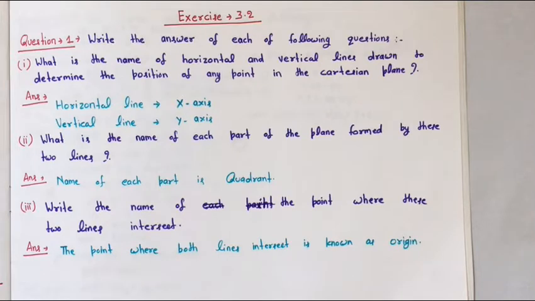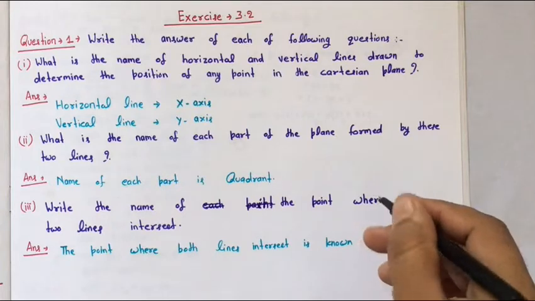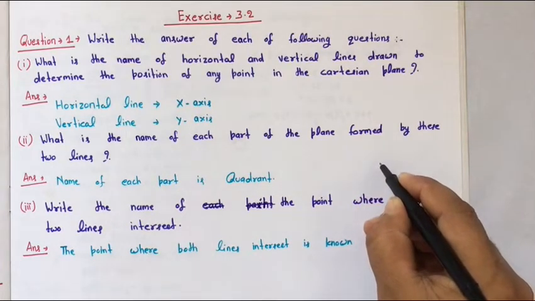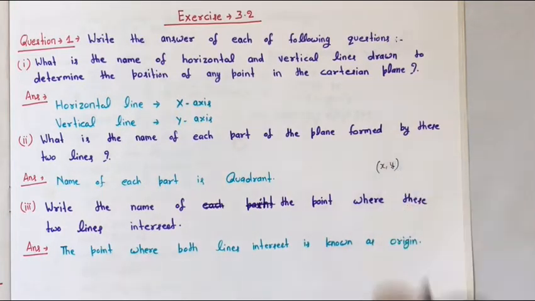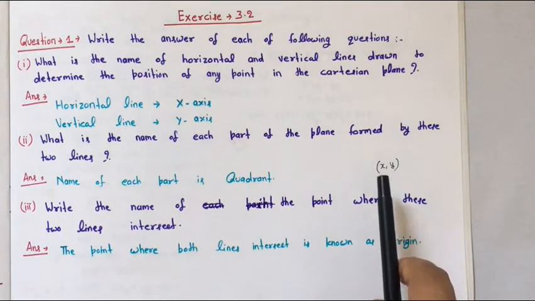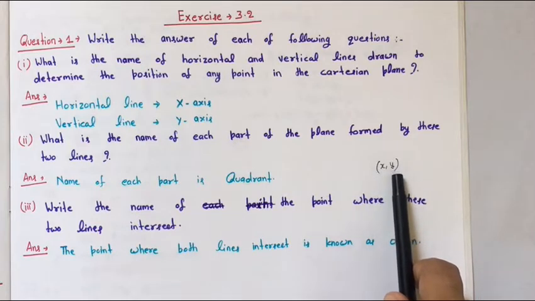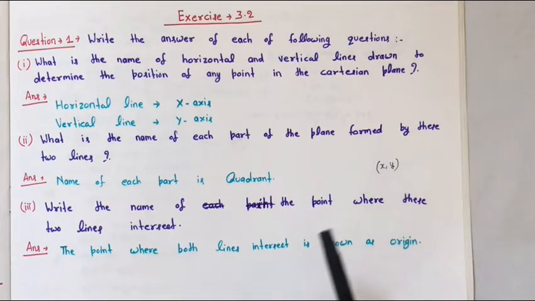if a coordinate is written as x comma y, then this x is known as abscissa and this y is known as ordinate.